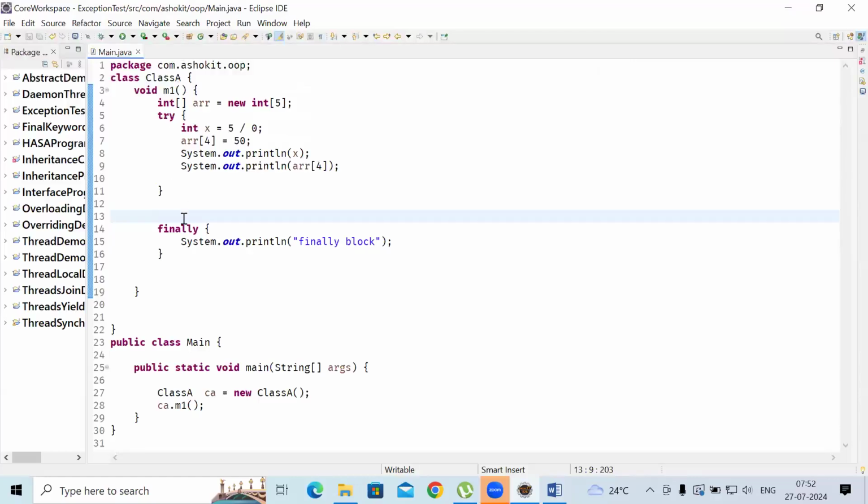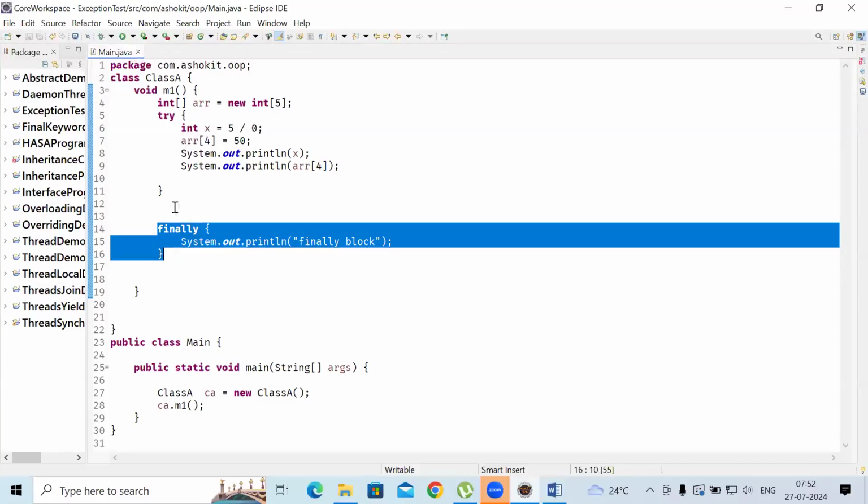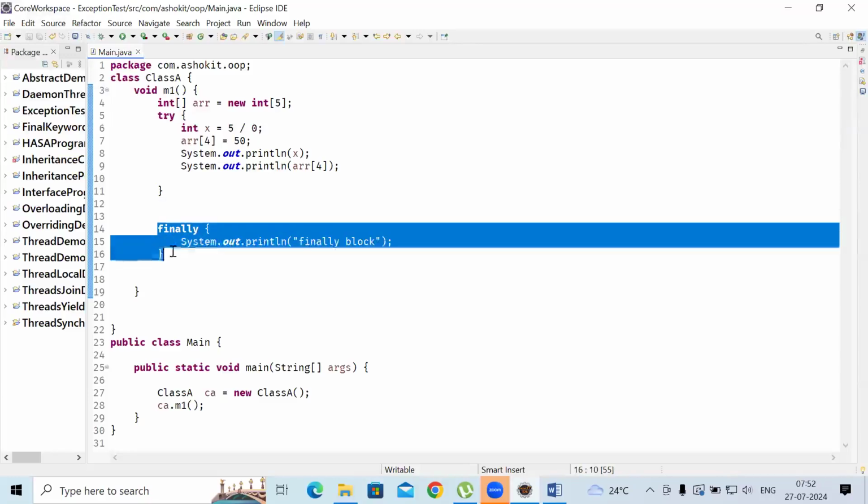If an exception occurs in the try block, which block will execute first? Finally, because whenever an exception occurs in the try block, control looks for the nearest catch block. But there is no catch block, no? That's why next it will execute the finally block.